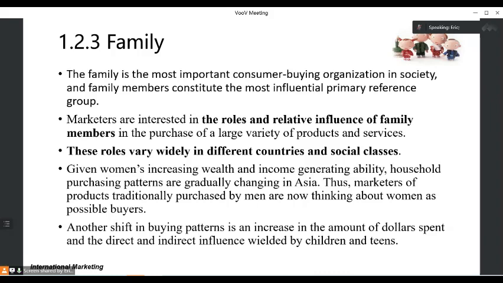And in some places, a big decision like where to buy the house, and which mobile brand to choose, the wife gets more power.